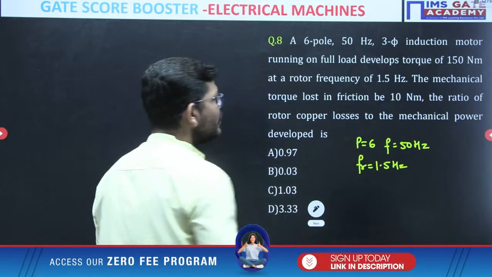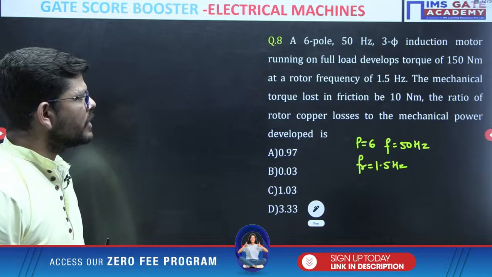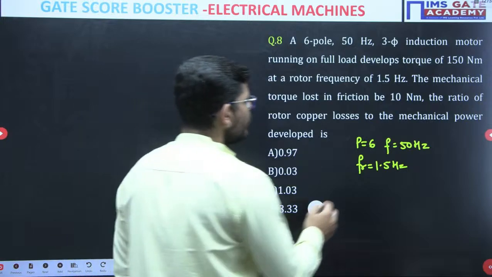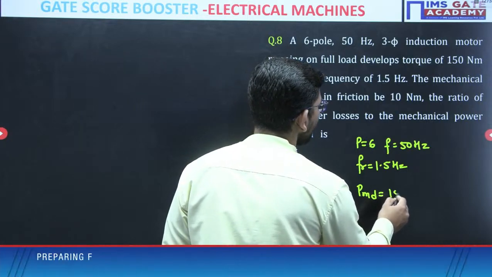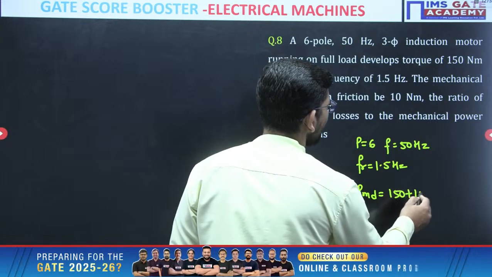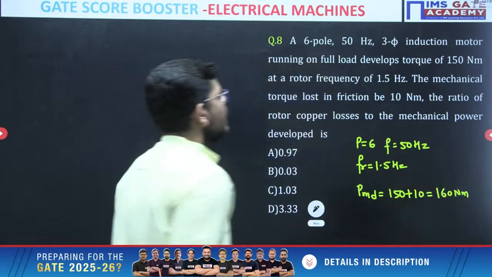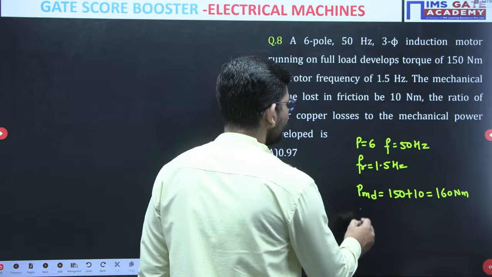The mechanical torque lost in friction is 10 Newton meter. So what will be the mechanical power developed? Mechanical power developed will be the output power plus the power lost, or 160 Newton meter.